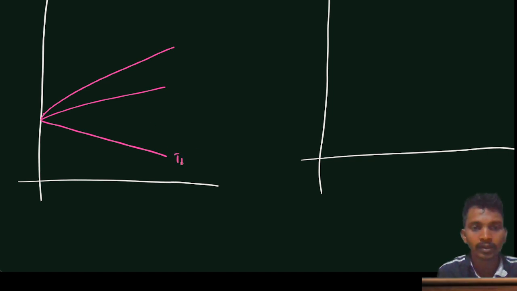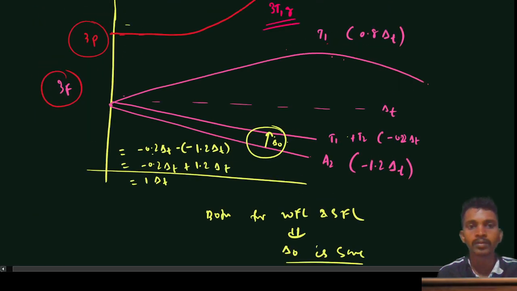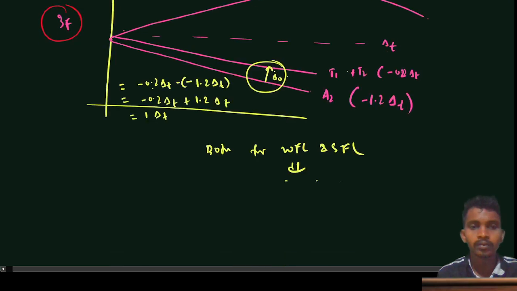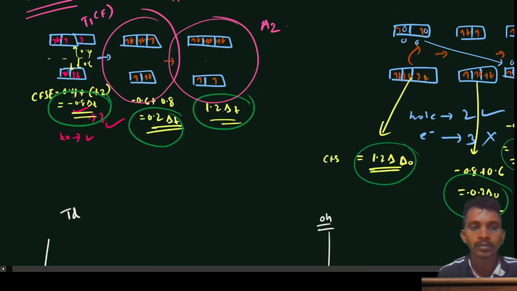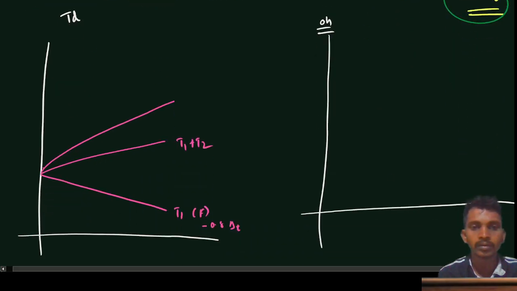So this is the T1G F, and this value is minus, I think, 0.8 delta T. And this is I think T1 plus T2, T1 plus T2, and another is A2, this is A2.